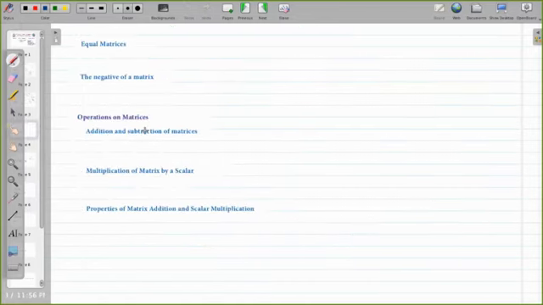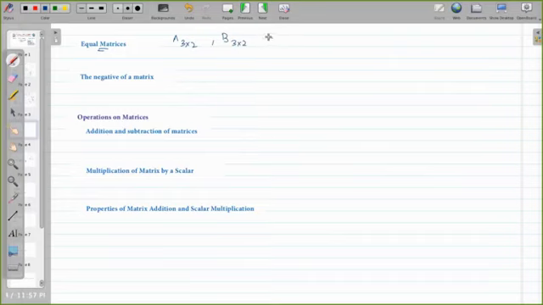Next, equal matrices, children. Equal matrices means matrices with the same order and the same elements. Okay, children, if I take matrix A with order 3 by 2, then matrix B order also should be 3 by 2 only. Then only can I compare whether they will be equal or not.